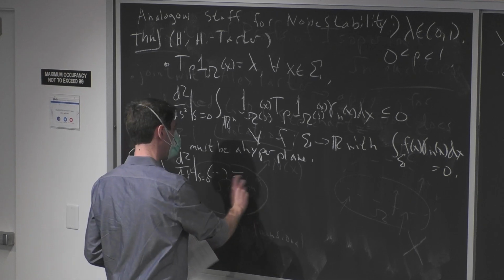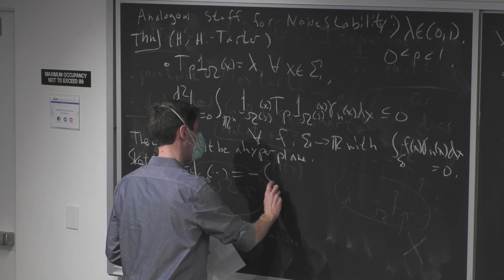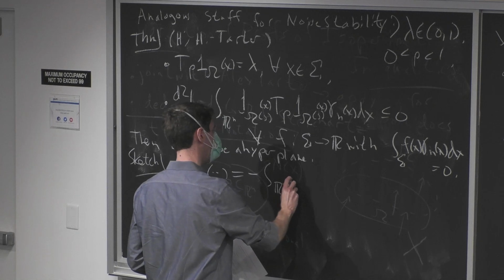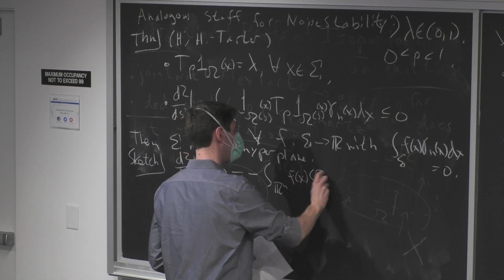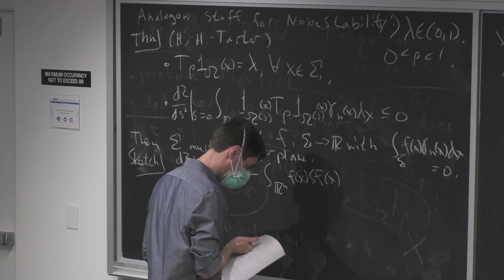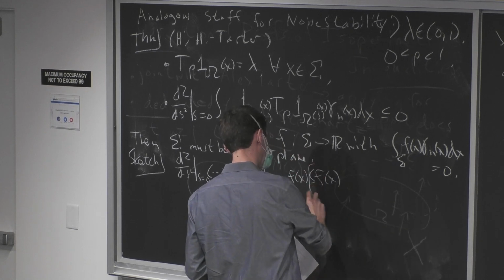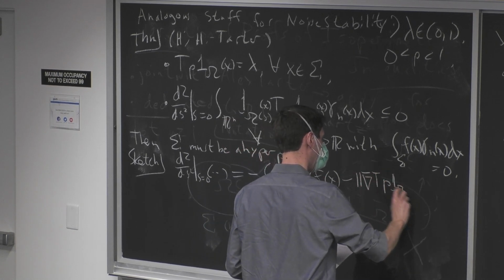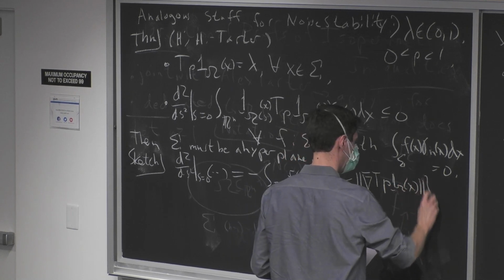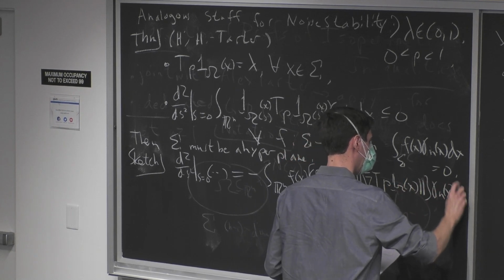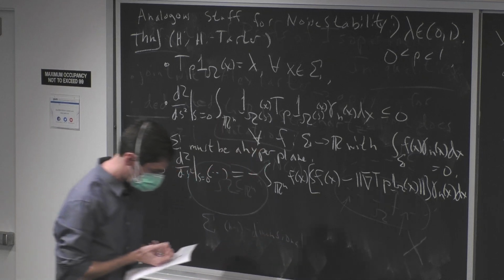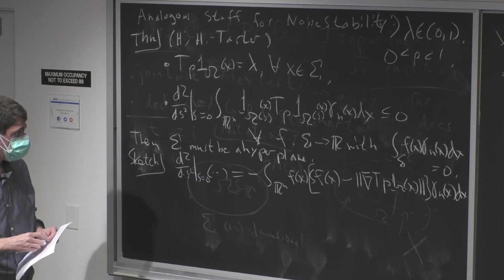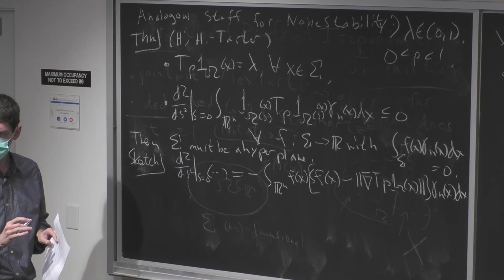I'll just write equals minus integral of f, and I'm going to have this extra term though, which I won't put into the S. So things are a little different now, but they're kind of the same.